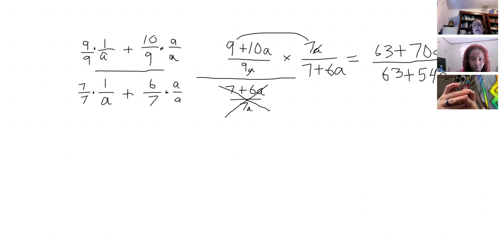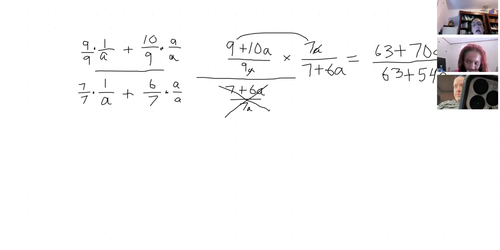There is nothing I can cancel. It's tempting to cancel the 63s, but you can't because it's a plus. Yes, I did that. That was one of my answers, and I got it completely wrong. Well, of course I got it wrong, but that's what I did too. When I got to a step like this, I canceled that 63 because they were common. Right. You can't cancel unless it is products.